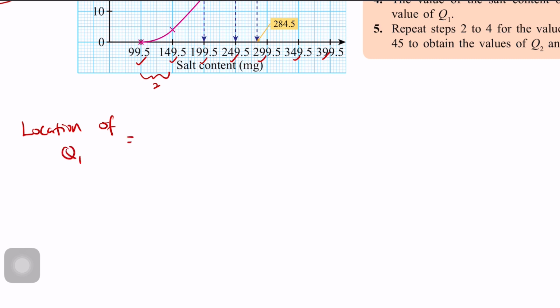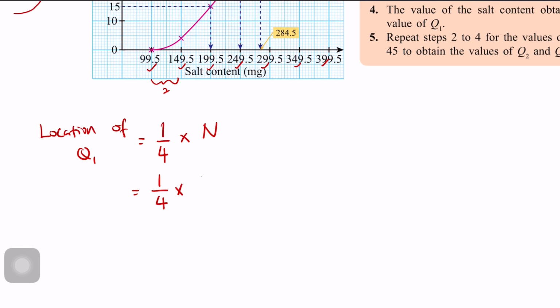First quartile kita tahu adalah 1/4, betul? So 1/4 times N, di mana N kita adalah total frequency. So for this question, total frequency is 60. Betul? So tekanlah kalkulator. 1/4 darab 60, kita akan dapat 15.